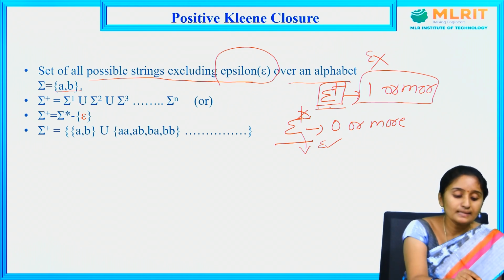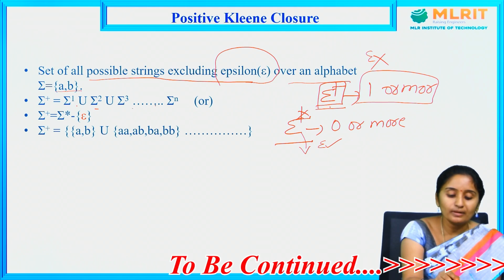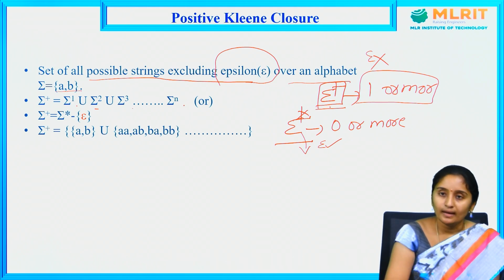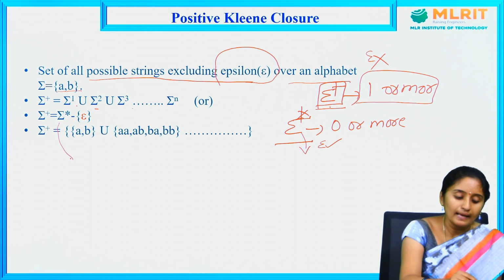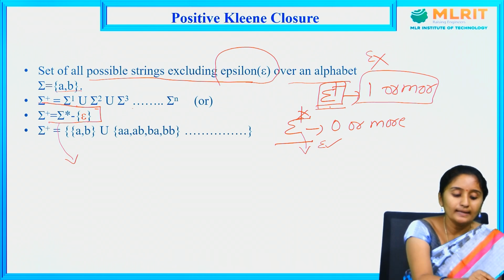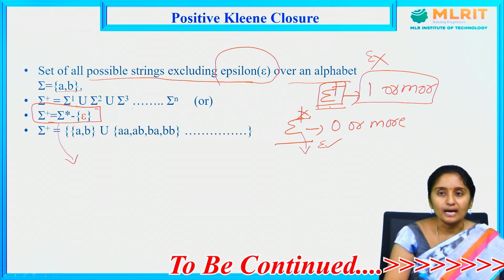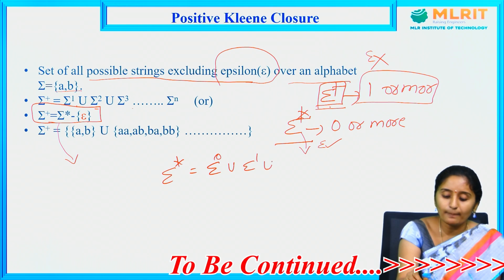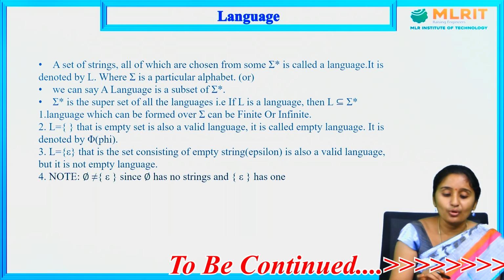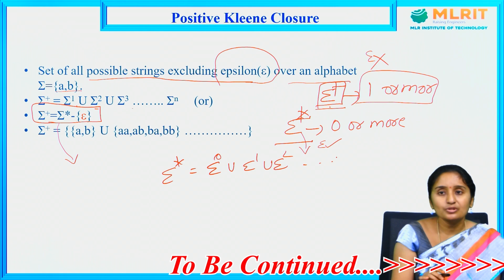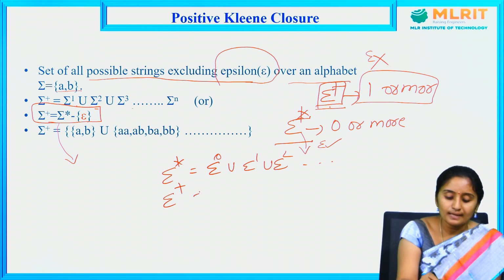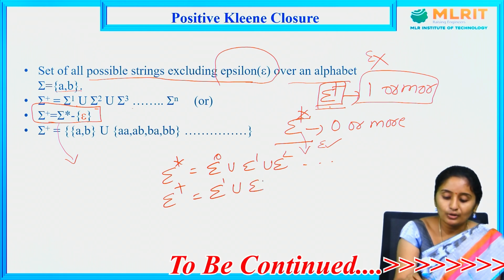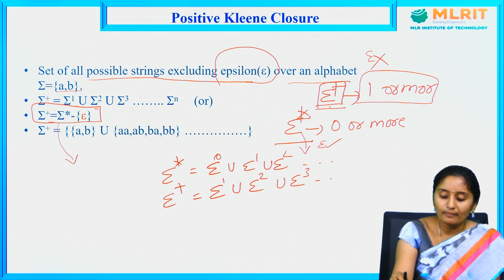See here in the example, let sigma equal to a comma b. Sigma plus is sigma power 1 union sigma power 2 union sigma power 3, and so on up to sigma power n. The same thing can be written as sigma power star minus epsilon. Sigma power star is sigma power 0 union sigma power 1 union sigma power 2, and so on. Sigma power plus is sigma power 1 union sigma power 2 union sigma power 3, and so on.